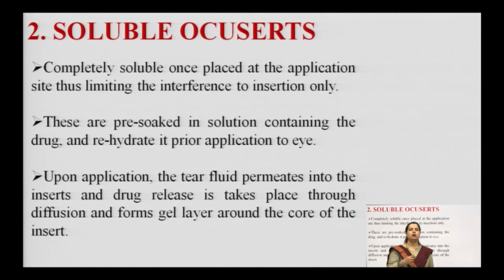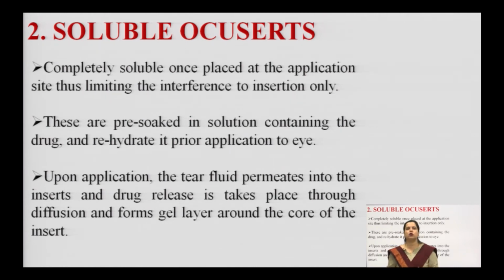Now, here comes the second category of Ocuserts, that is soluble Ocuserts. Soluble Ocuserts are completely soluble once placed at the application site, which means these cannot be removed after the therapy or after the treatment, as they are solubilized during the therapy.